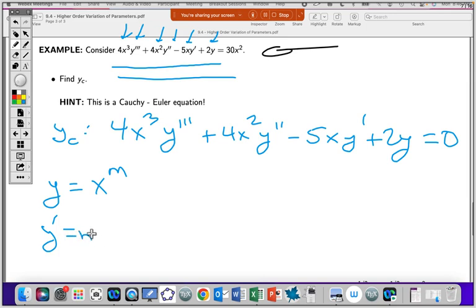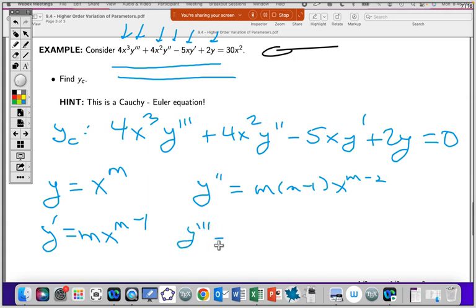So y prime would be m x to the m minus 1. Y double prime, which is as far as we took it back in chapter 7. And so the quote-unquote new thing would be y triple prime.